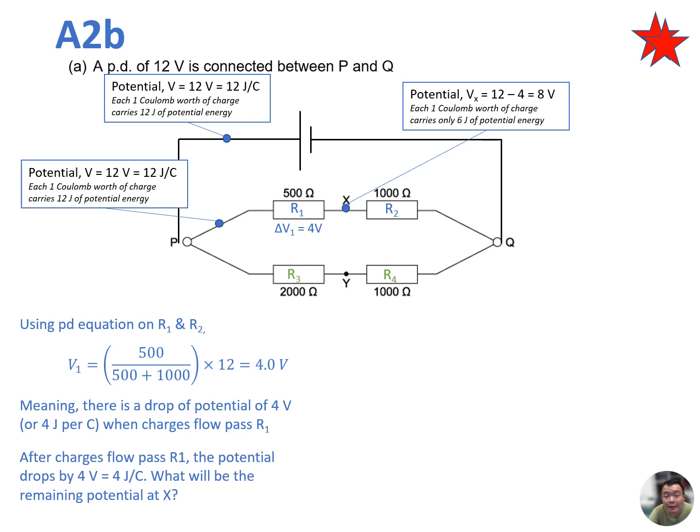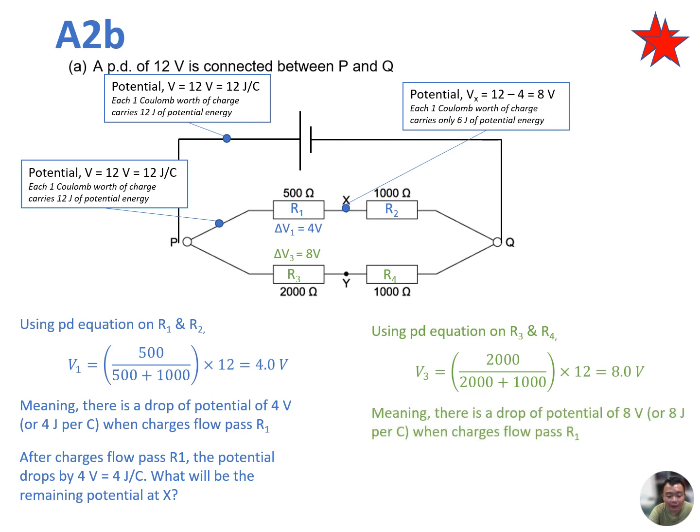We can do the same analysis on R3 and R4. So same thing, we apply the PD equation on R3, we will get a potential difference of 8 volts. This means that 8 joules of potential energy will be given by every 1 coulomb worth of charges to R3 for it to work.